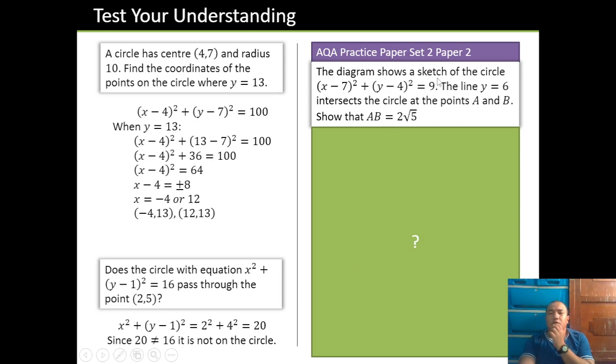Next, the diagram shows a sketch of the circle x minus 7 quantity squared plus y minus 4 quantity squared equals 9. The line y equals 6 intersects the circle at the points A and B. Show that AB is equal to 2 square root of 5.